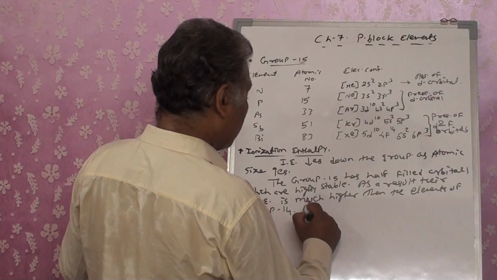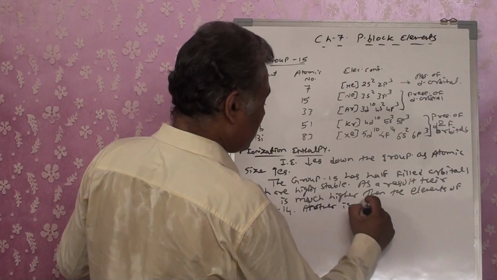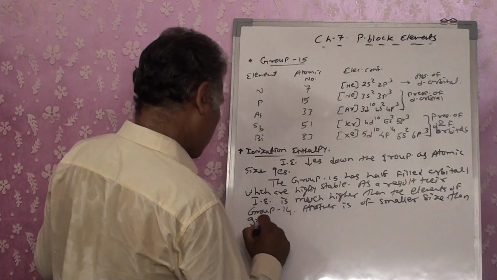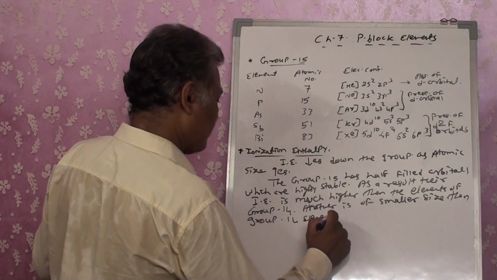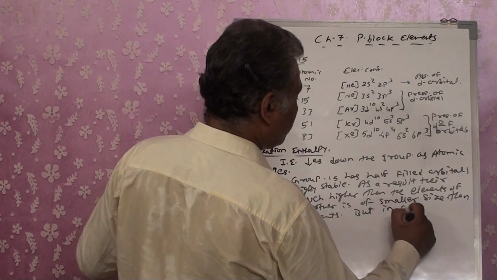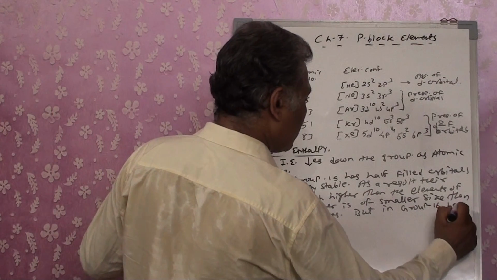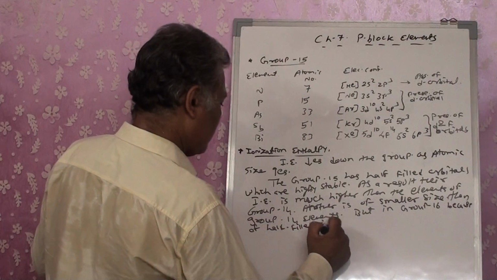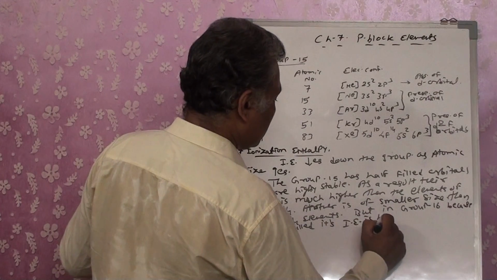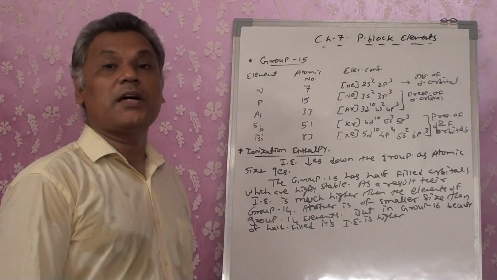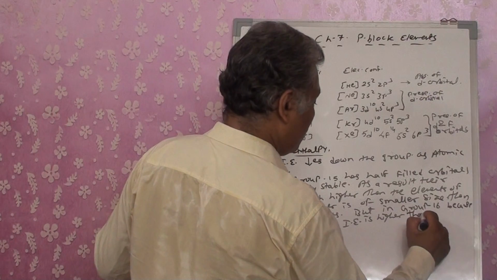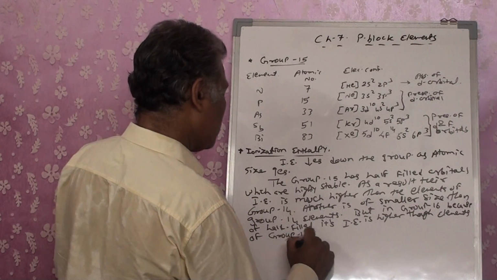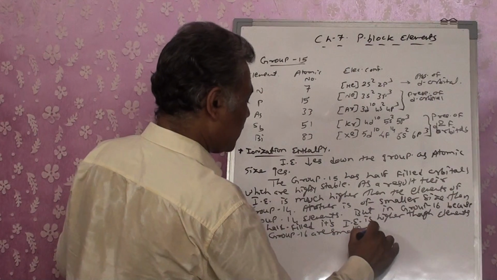Another reason is the smaller size than group 14 elements, but in group 16, because of half-filled orbitals in group 15, its ionization energy is higher, though group 16 elements are smaller in size.